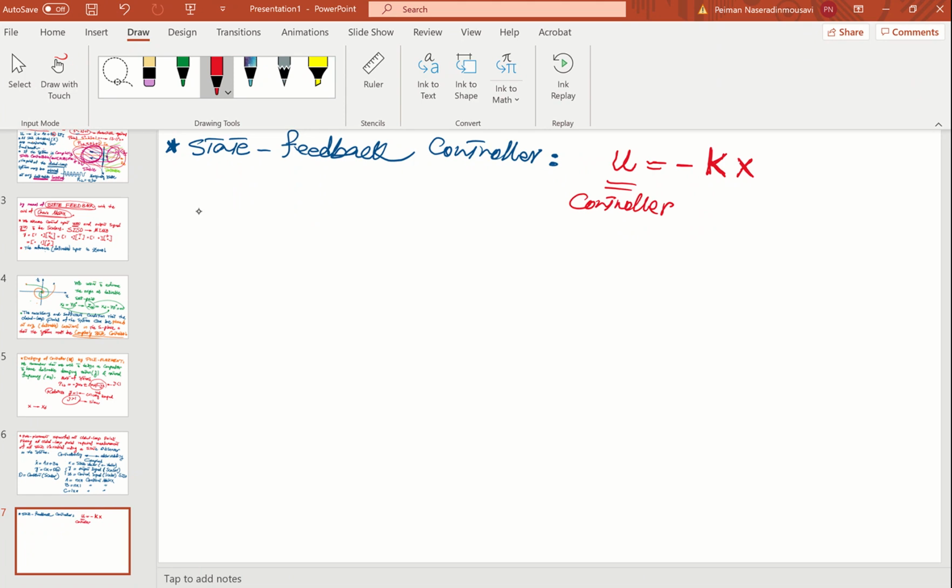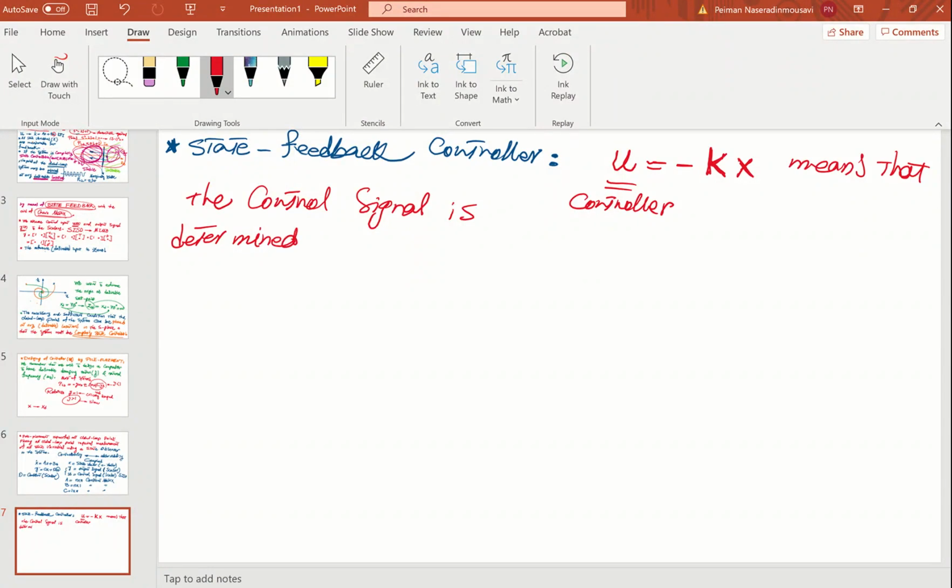State feedback means that the control signal is determined by the instantaneous state.